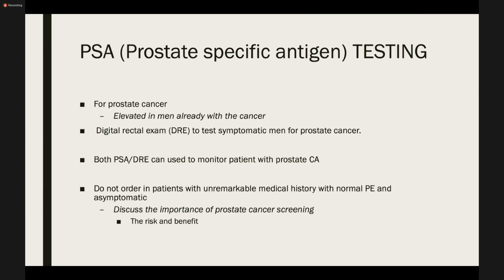Then people that are elderly, like 60 something to 70 something, above 70, yeah, you can do PSA on them. Why not? But people that are younger, you want to stay away from doing PSA. But if they've been diagnosed with prostate cancer already, yes, order PSA. Does that make sense? Yeah. Okay.